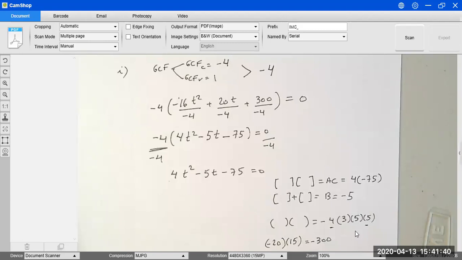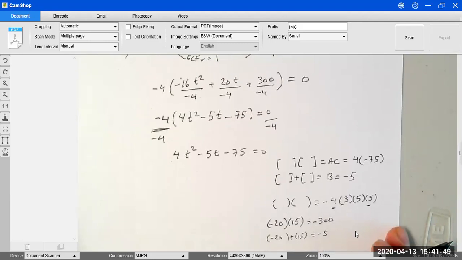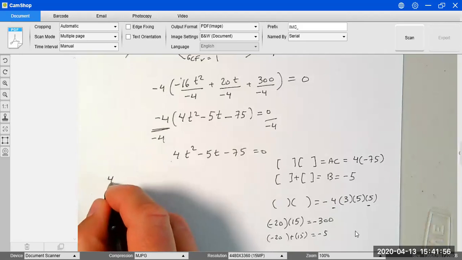And the addition of negative 20 and 15 is going to be negative 5. So these are my two numbers. So I'm going to break the middle term into negative 20 and positive 15.